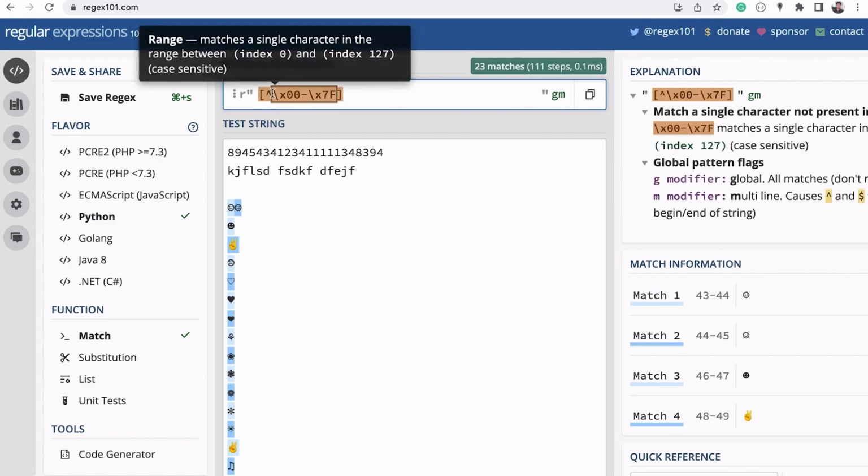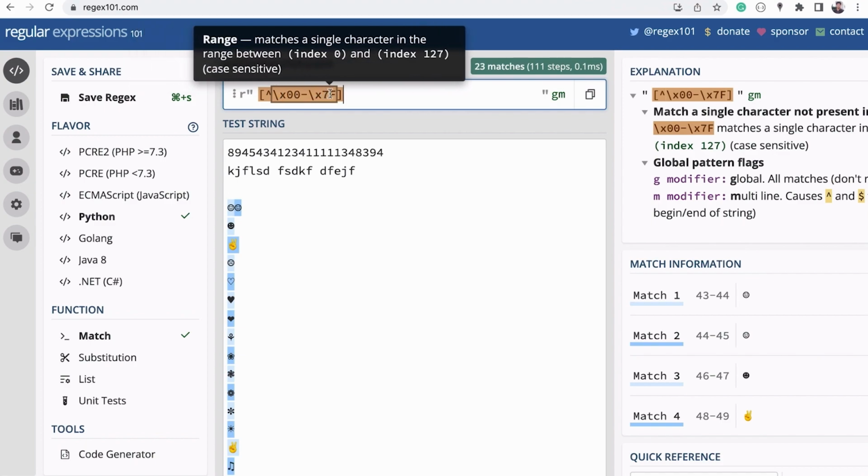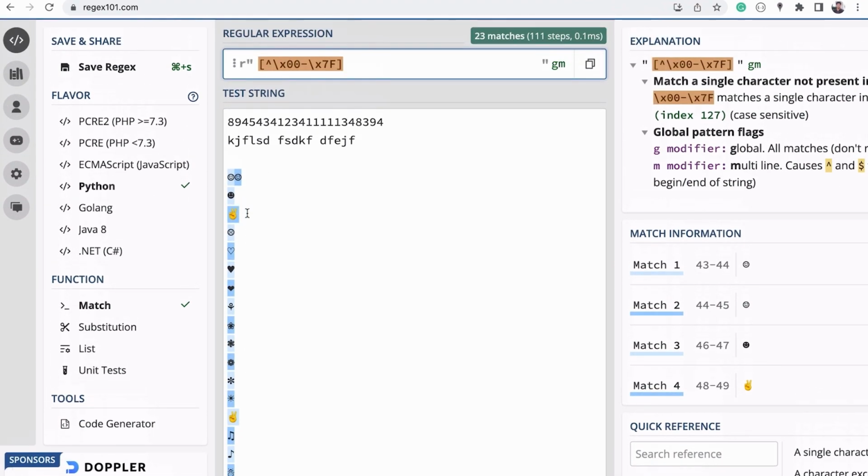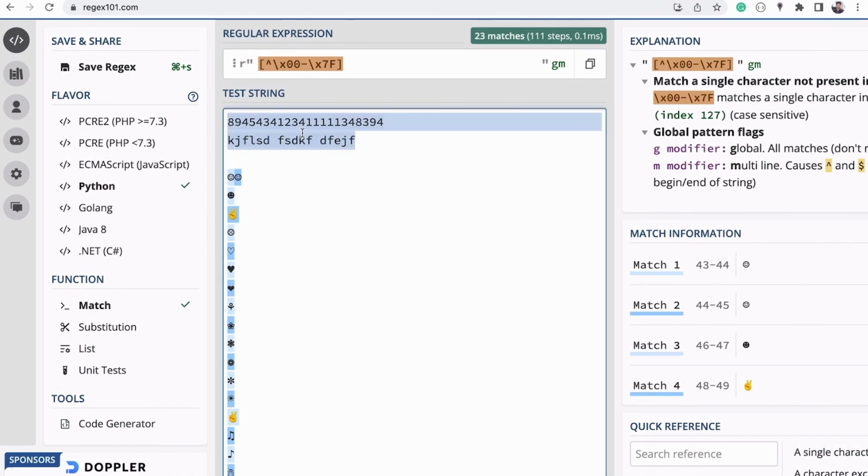Okay, so it is not matching the characters which have hexadecimal values that we have written over here. It is matching all the smileys that we are seeing over here, but it is not matching the standard ASCII characters. So such questions can be very easily solved with the help of the hexadecimal numbering system.